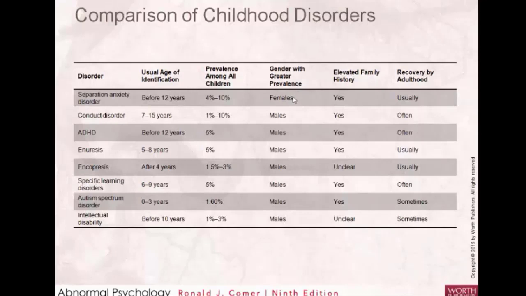So we see that females are more likely to have separation anxiety, and we would expect that because we see anxiety disorders more in females. But the remainder of these disorders today, with some of the ones we've already talked about, are more common in males than in females. Part of this may be genetic. So if you look at the chromosomes, a female has XX chromosomes and a male has XY.